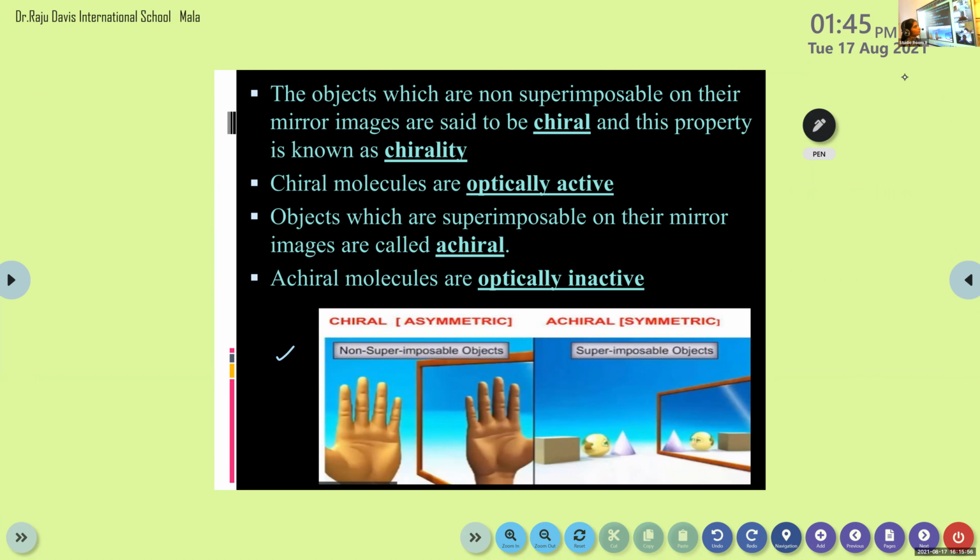Ma'am, what are the superimposable? Yes, Vidur. When you place one above the other, one should hide behind the other. That is superimposable. If you place one circle of the same size and same shape above the other, you cannot see the one in the bottom, right?